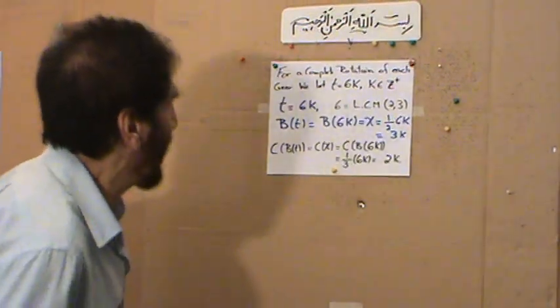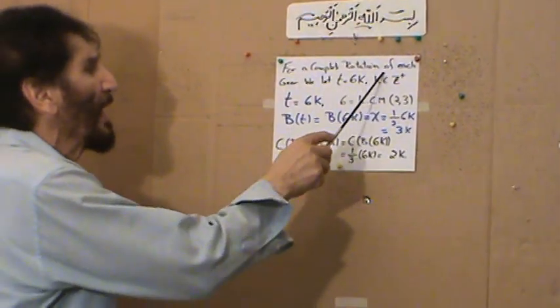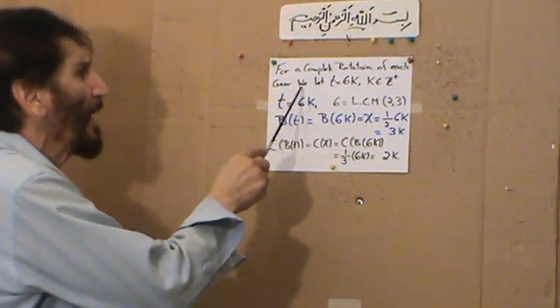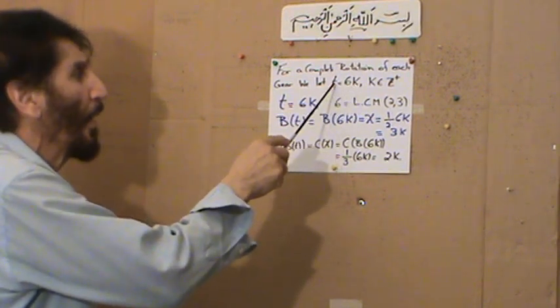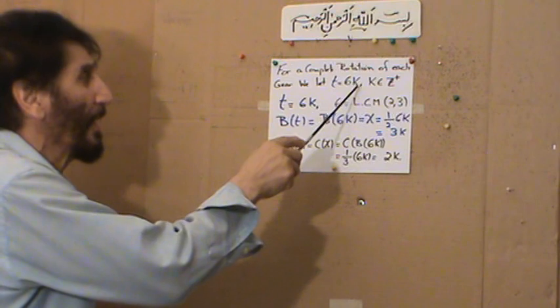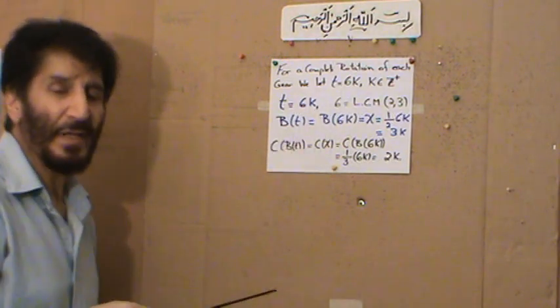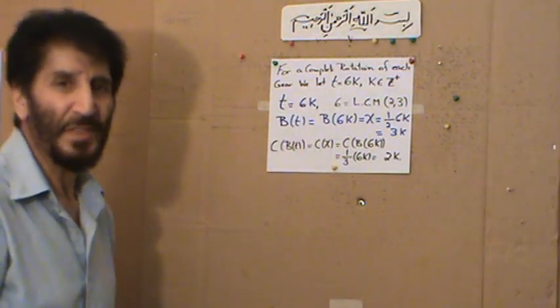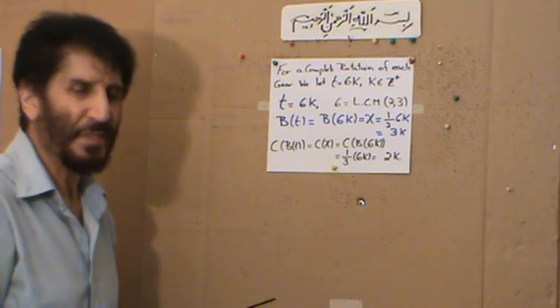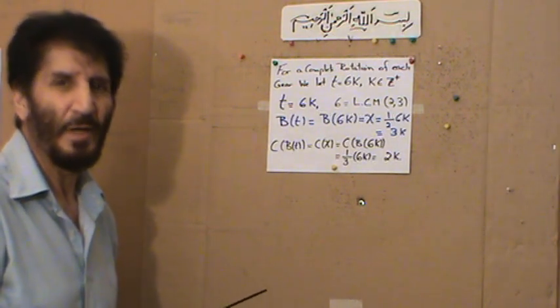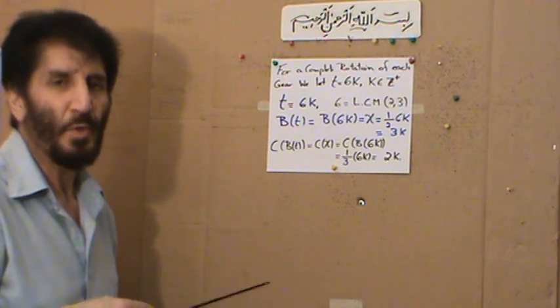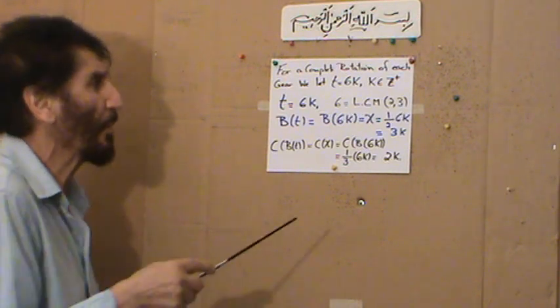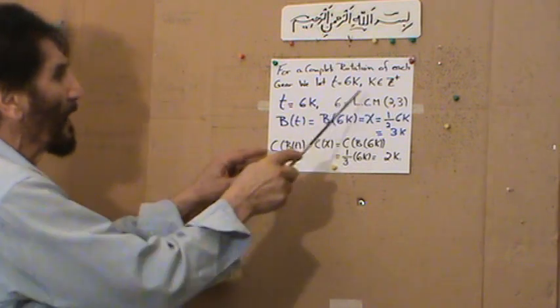For a complete rotation of each gear, we let t be a multiple of 6. I wrote 6k, where k is a positive integer. We don't have to say a whole number, which includes 0, and 0 is trivial. When it is 0, that means rotation has not happened. There is no rotation. Okay, so this is clear.